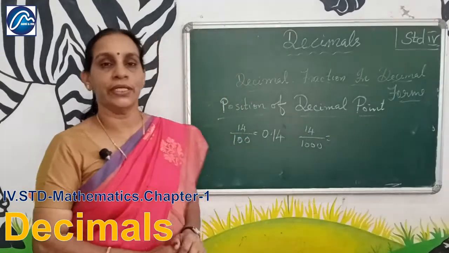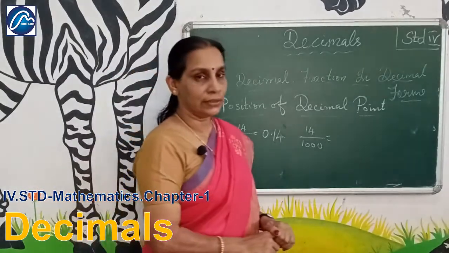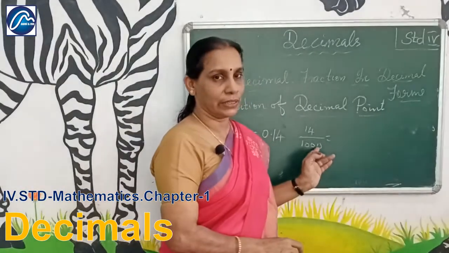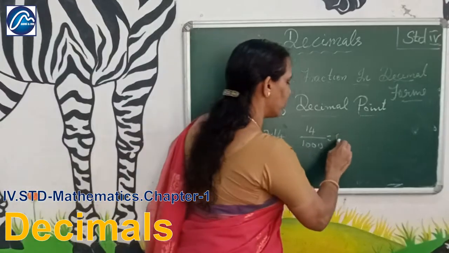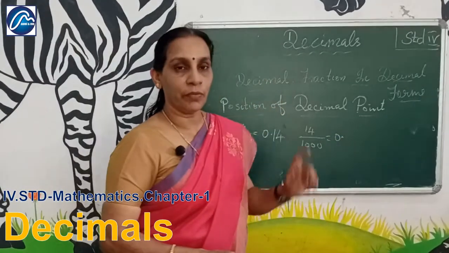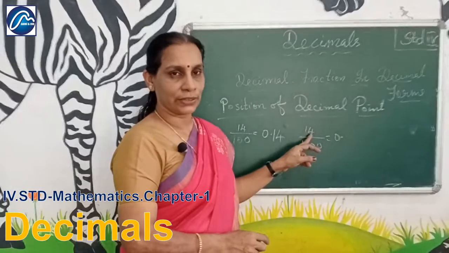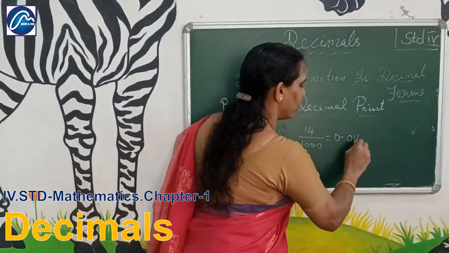Suppose it is 14 by 1000. How will you write it? There are 3 zeros in the denominator, so we need 3 places after the point. 1 more 0 we need to put in between because here there are only 2 places. So we put 0.014.